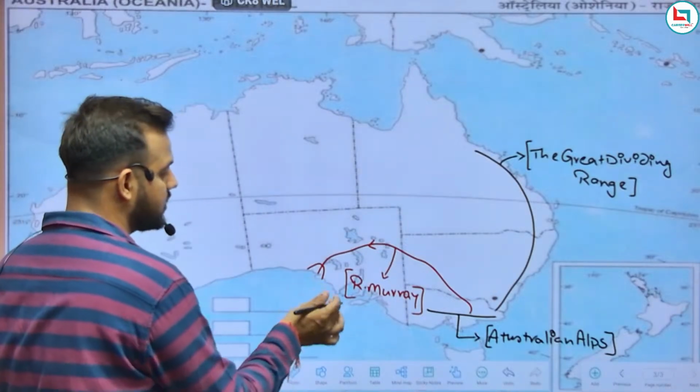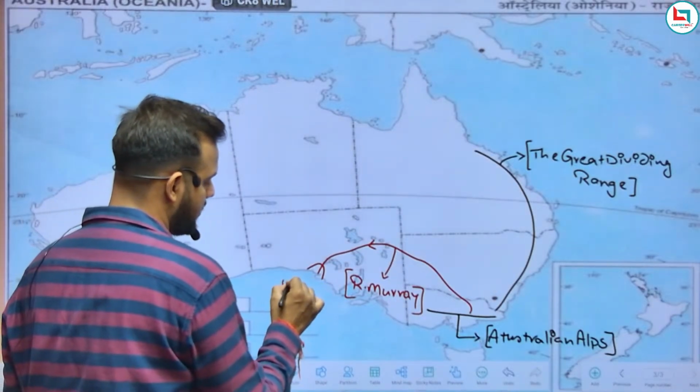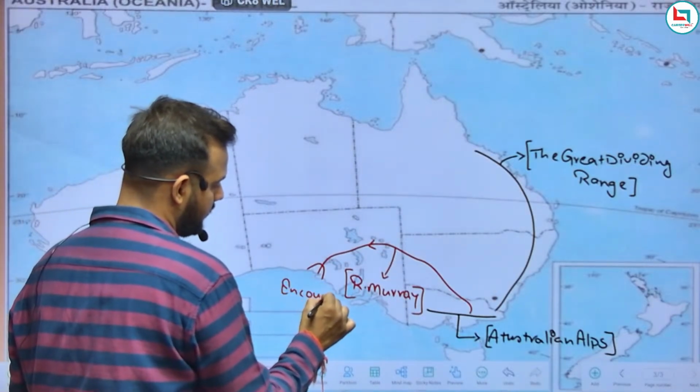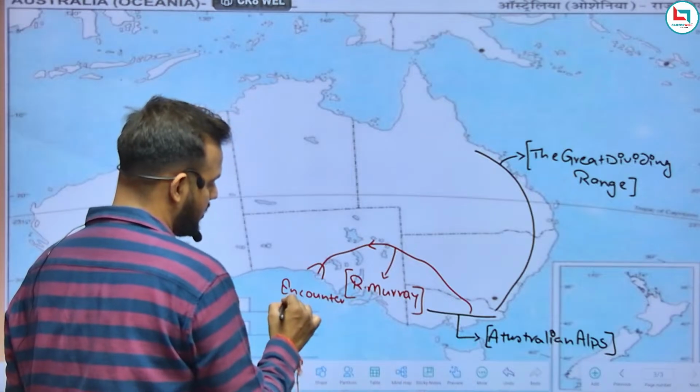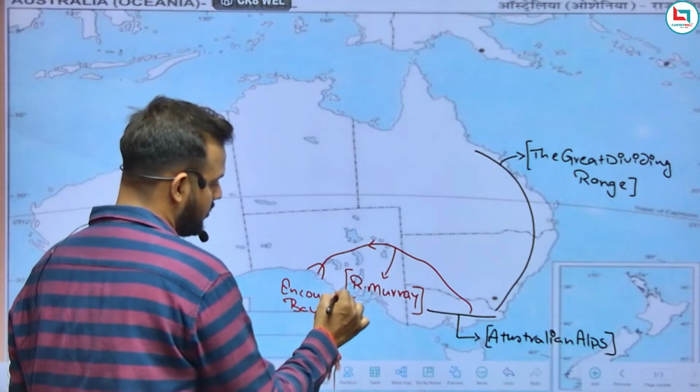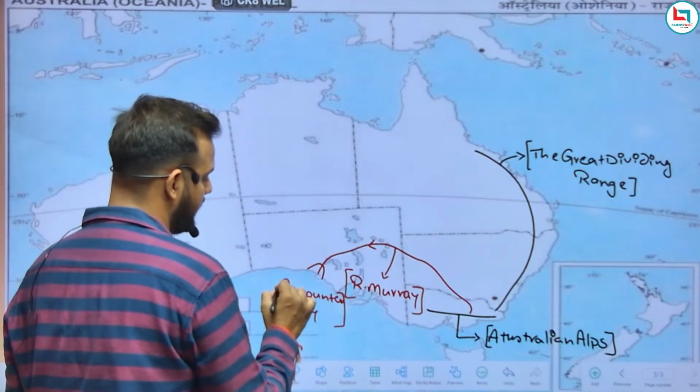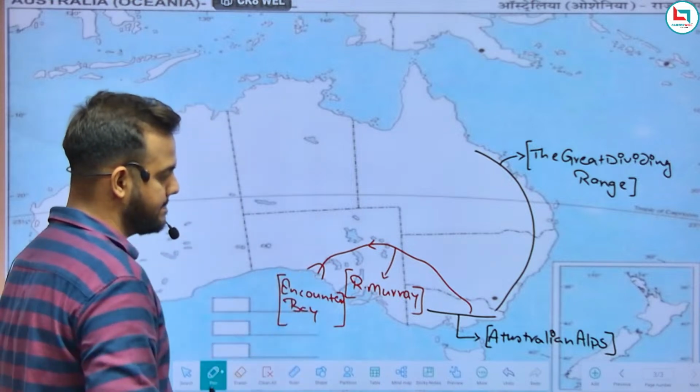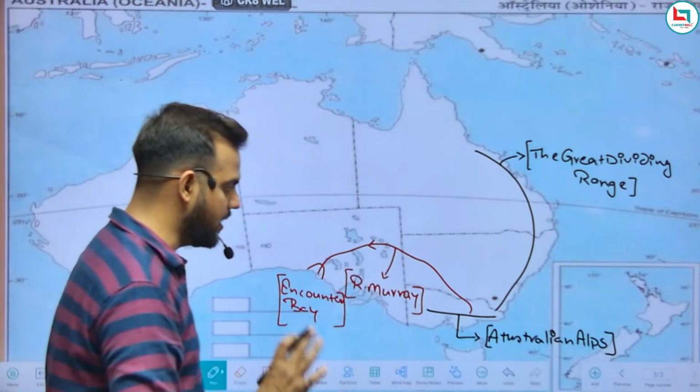If you look towards this water body, it is known as Encounter Bay. So this Murray drains in the Encounter Bay. This is the main river.